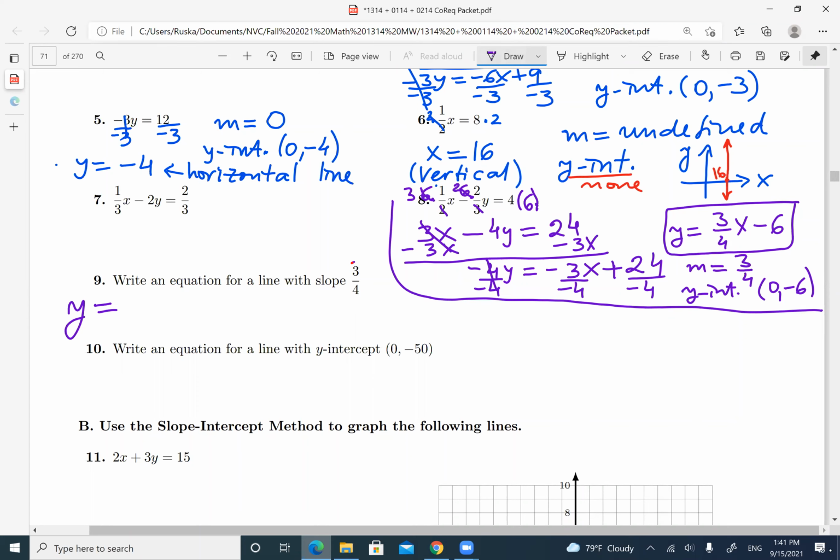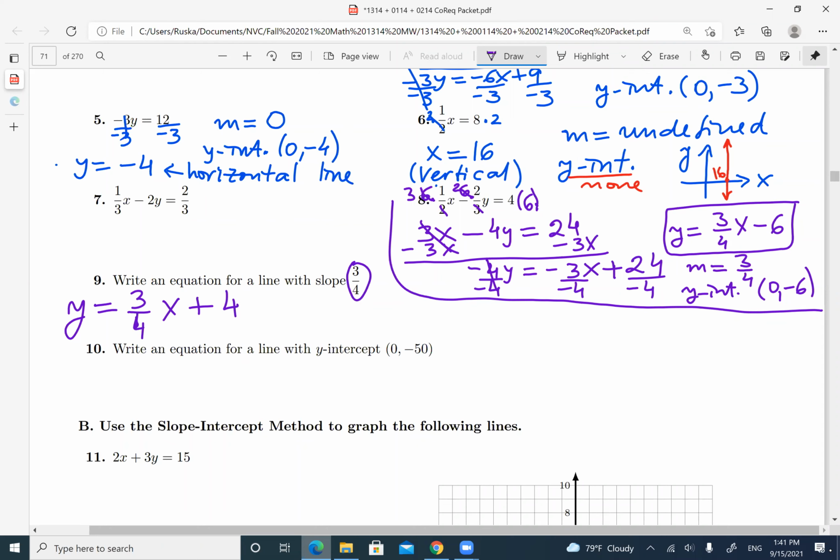The slope has to be 3/4. So 3/4x plus, like, 4, any number. Yes, you can do plus any number.